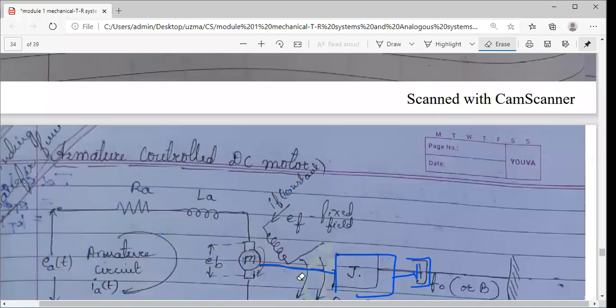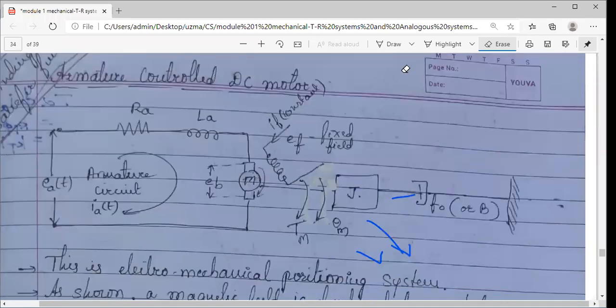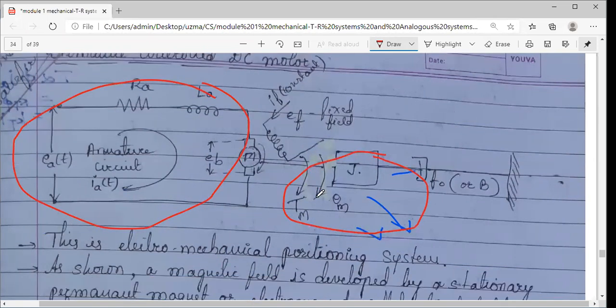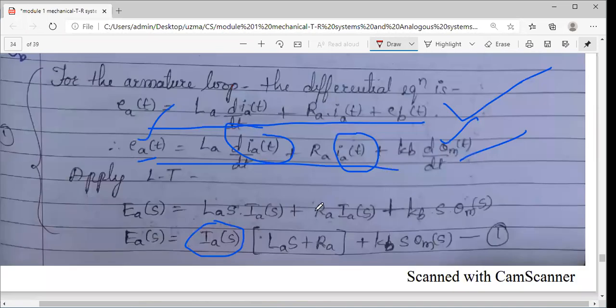How did we analyze it? First, we applied equilibrium equations. For the circuit we wrote a differential equation, and for the mechanical system we also wrote an equation. So similarly, we'll follow the same here also.